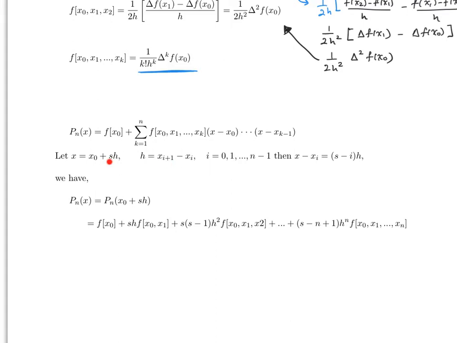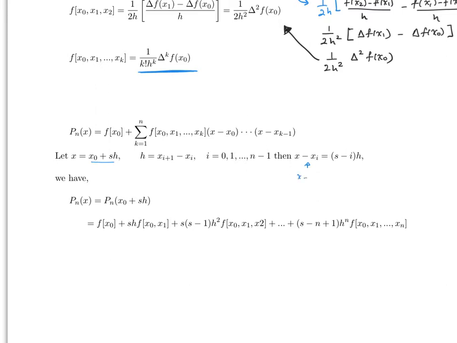So the only value you really have to figure out is the value for s, and this is going to depend on whatever the question is being asked. So how do we get this value? Remember that x is defined to be this.